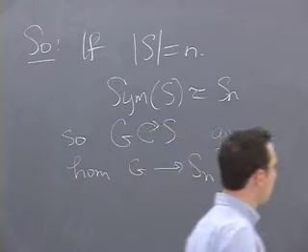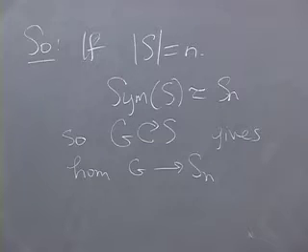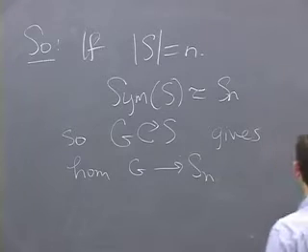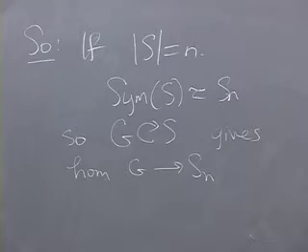This is especially useful in cases where G acts on itself by left translation, because it gives you a very special homomorphism going from G to Sn.